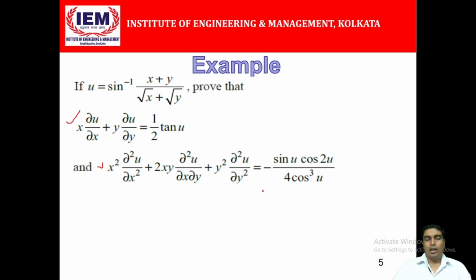Okay. Now, you can see that this is the Euler theorem, basically the left hand side of the first equality. So, this is the Euler theorem, the left hand side part, right? And this is the Euler theorem for the second order partial derivative. So, only the left hand side part is the second order partial derivative involving Euler theorem.